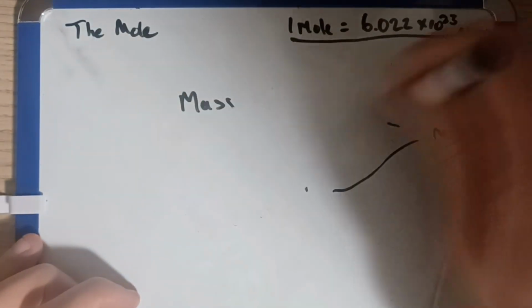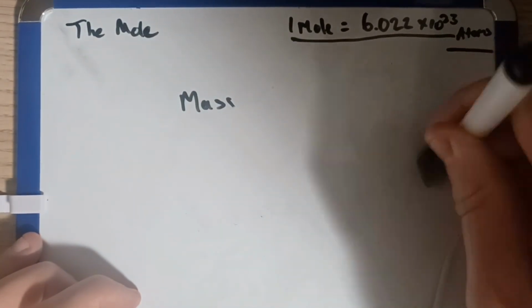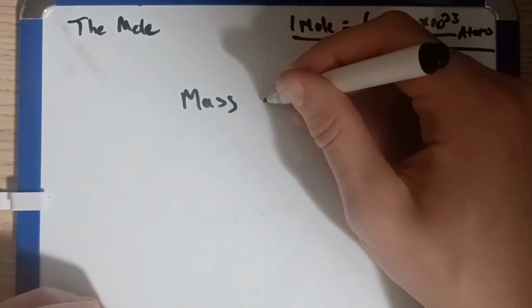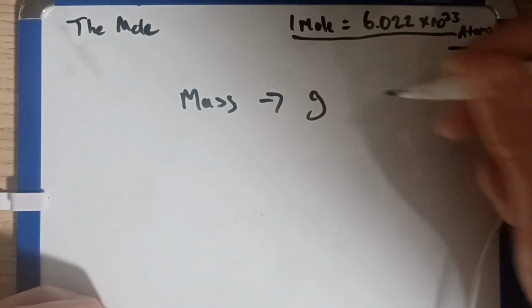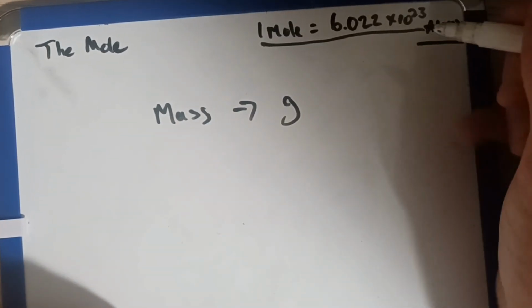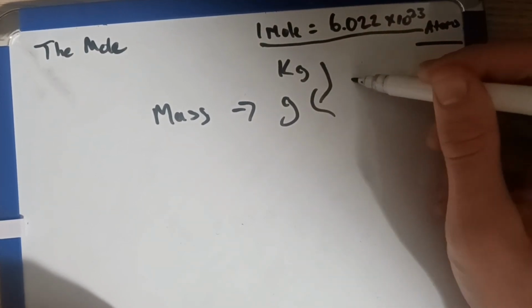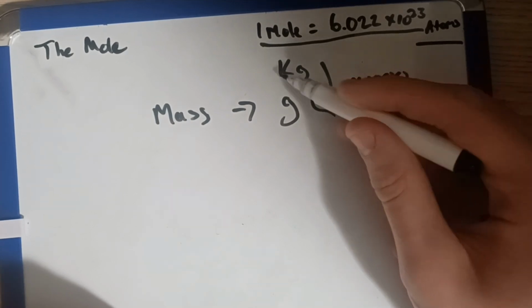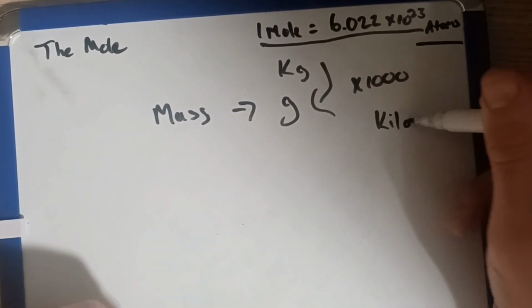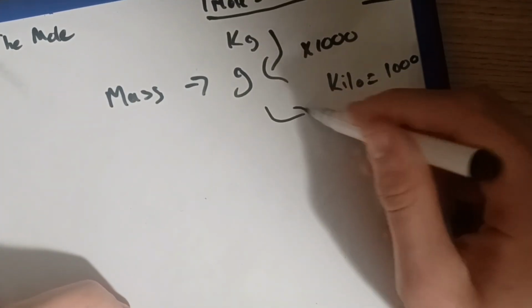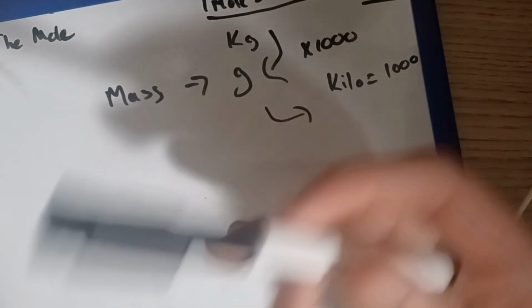So firstly, we will start with the mass, because I feel it's the easiest one to remember and probably the most common one to use. So when we are talking about mass, normally we'll be using grams. Sometimes the question will give you kilograms, so all you need to do is remember to times by 1,000 to go from kilo, which is 1,000, to grams, which is obviously 1,000 times larger than kilograms.